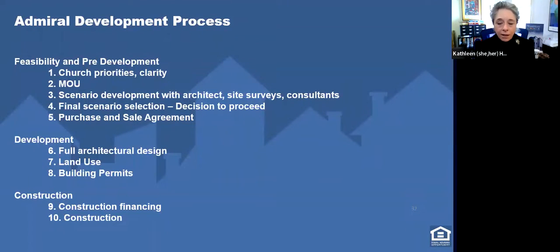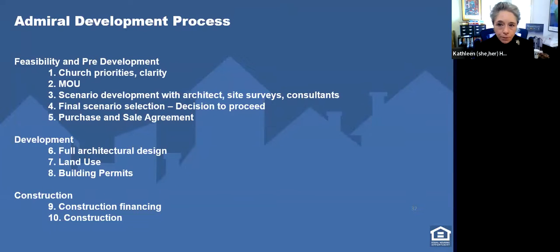After you have that clarity and you know that you want to move forward, I suggest then that we enter into an MOU so that we're clear on what you want to do, we're clear on what we want to do. But after that, then we can start doing more scenario development with an architect and some consultants. Through that process, we can pick a final scenario, determine if it's green lights on both sides.